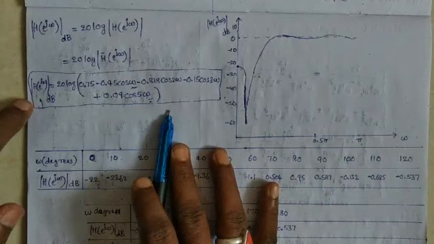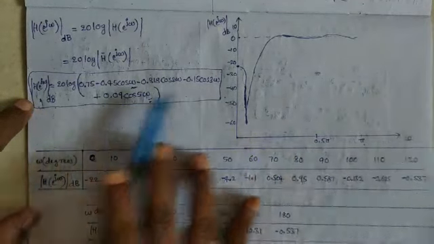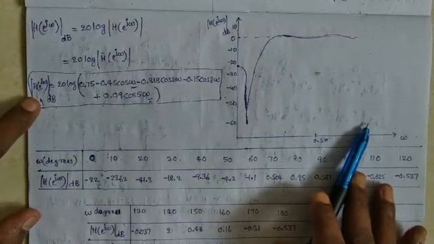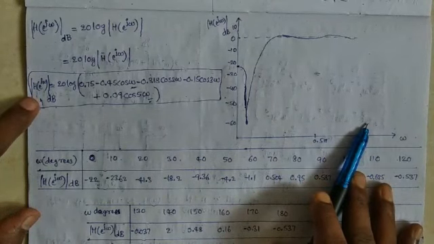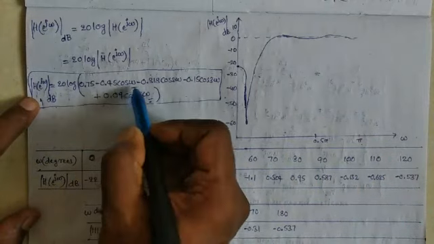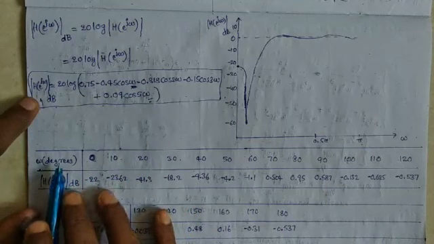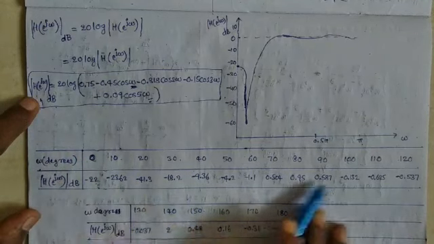From this we are drawing the magnitude plot, the magnitude of h of e power j omega in decibels, corresponding to omega values. For that purpose we are preparing a table like this.